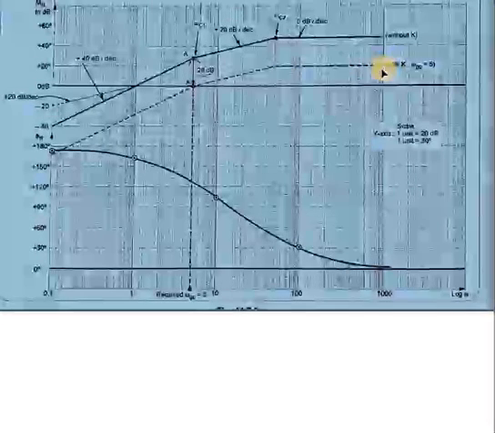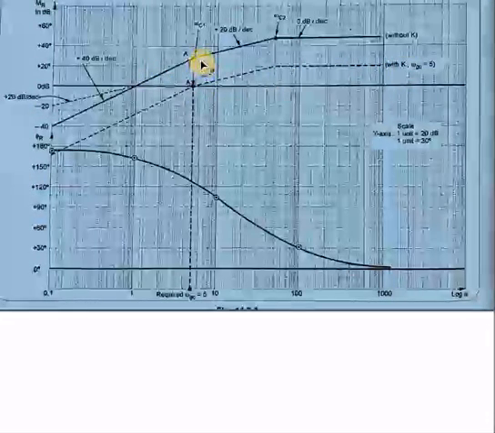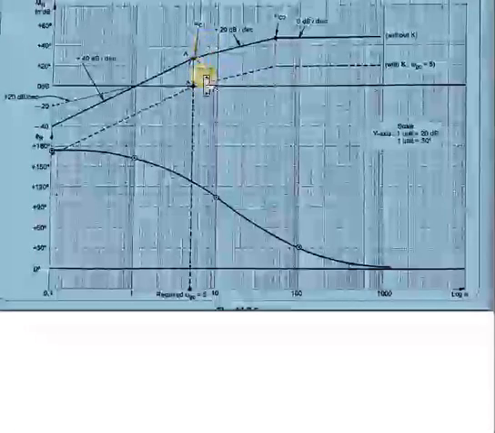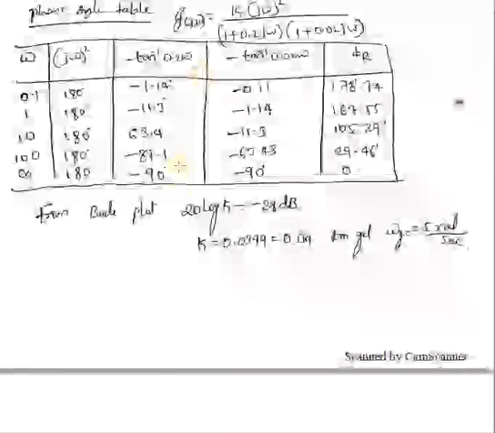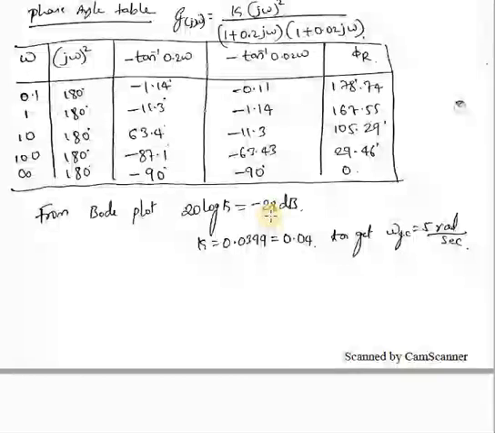So it is with K. Okay, so measure this distance. So this distance will be equal to 20 log K equal to minus 28 dB. So from which you will get K as 0.0399, which is equal to 0.04, to have the omega GC as 5 radian per second.